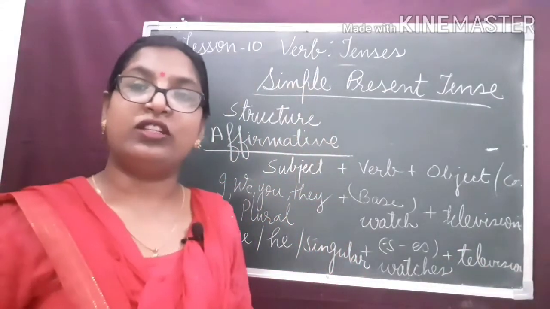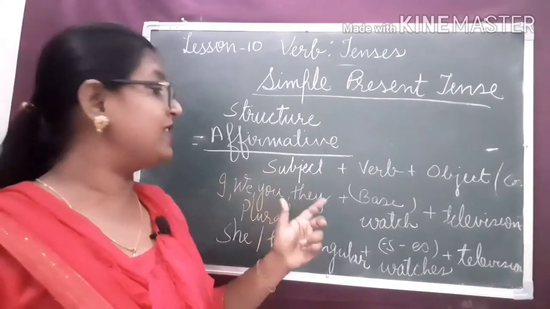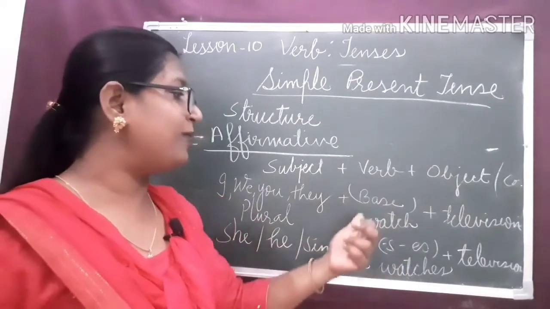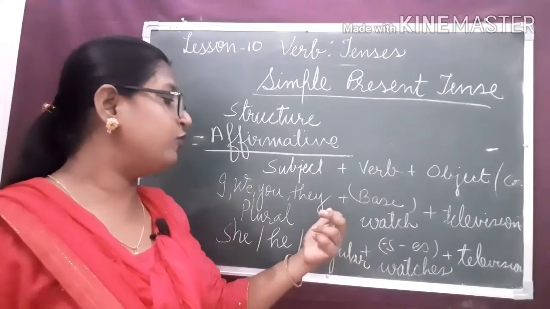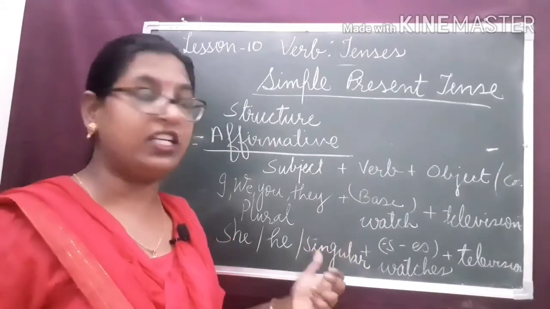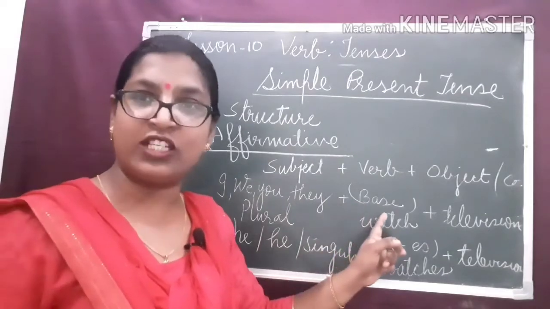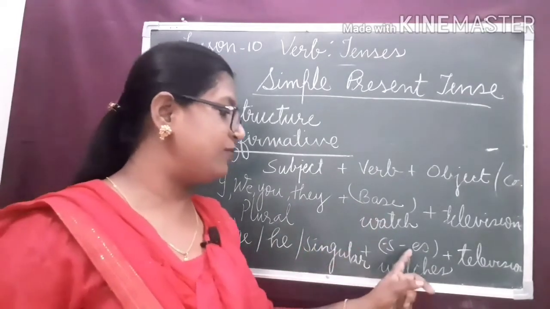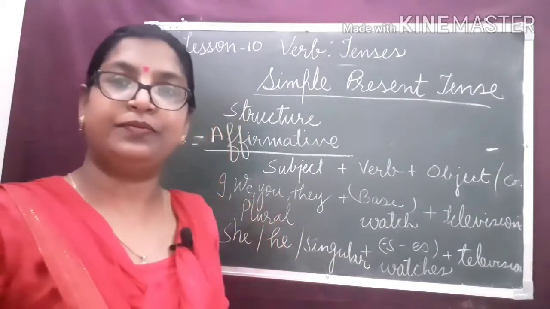Clear? So, the structure of the affirmative sentence in simple present tense is subject plus verb and object. Your verb can be either base form of the verb or S or ES form of the verb according to the subject. If the subject is I, we, you, they or any plural subject, we use base form of the verb. And if subject is she, he or any singular subject, we use S or ES form of the verb.